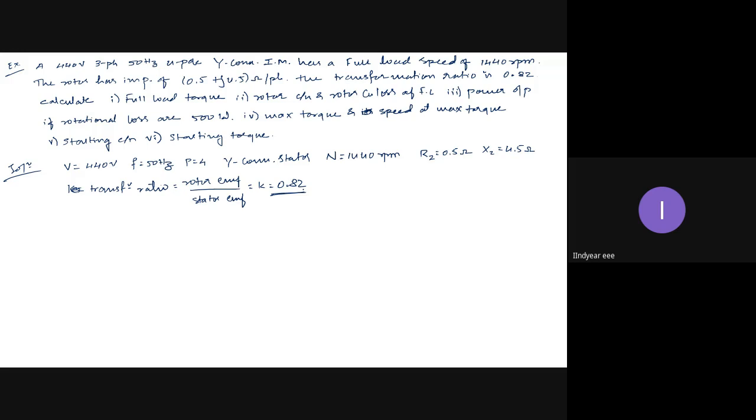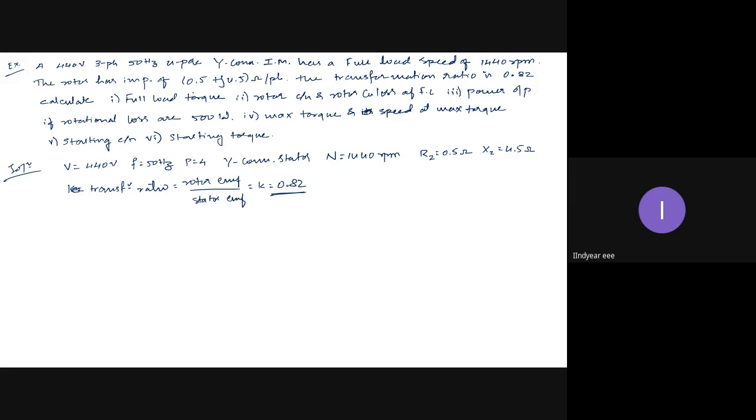The rotor induced EMF is always lesser than stator induced EMF. Okay, so this is by default. Therefore, my transformation ratio rotor to stator is always less than 1, stator to rotor is always greater than 1. So always an induction motor is a step down transformer whose K is less than 1. You should please keep this in mind.